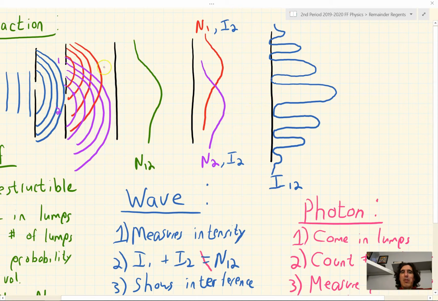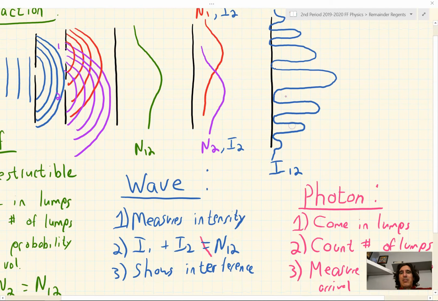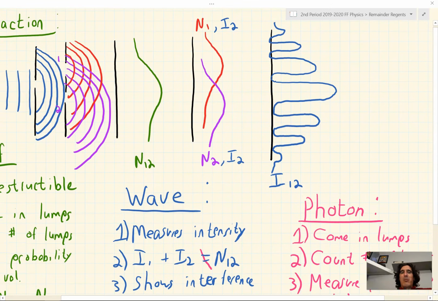Or maybe they're moving around in between and just deciding not to go right here because they can't cancel photons out. You can't have 1 photon plus 1 photon give us 0 photons. So something weird is going on when we have just 1 hole opened compared to both holes opened. So what we're going to do is set up an experiment to look at that weirdness.